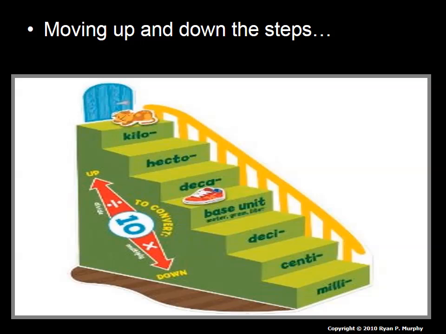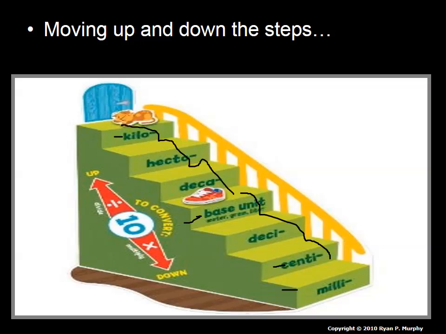So basically you can think of this like moving up and down steps. We start with whatever unit we want to start with, like the base unit, or maybe we want to start from centimeters and go to millimeters, or maybe we want to go from kilometers down to meters or something like that. And all we have to do is count how many steps we go down or how many steps we go up.